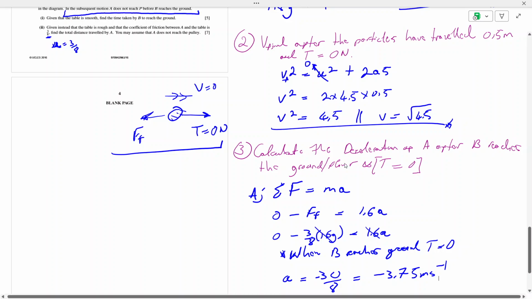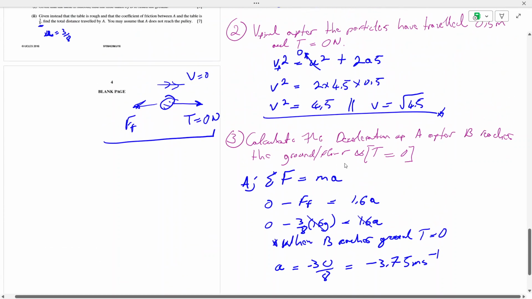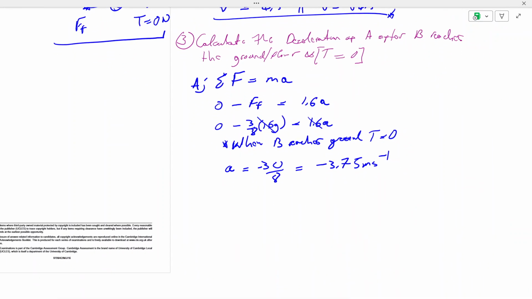And then I'm going to use the same SUVAT equation again. Let me show you. So now we're calculating S2, after T is 0, or after B has reached the ground. Recall, this is the scenario that we have now.